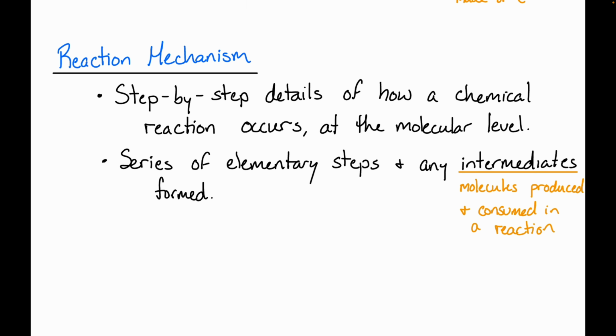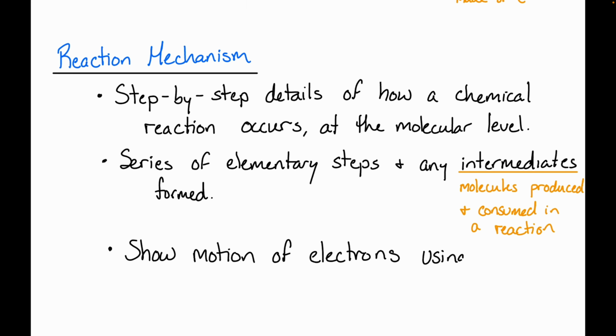In organic chemistry, we're going to add one other detail to these reaction mechanisms that's going to be very important. Our reaction mechanisms here are going to show the motion of electrons, right? The movement of those electrons throughout the course of that chemical reaction, using what we call electron pushing arrows.